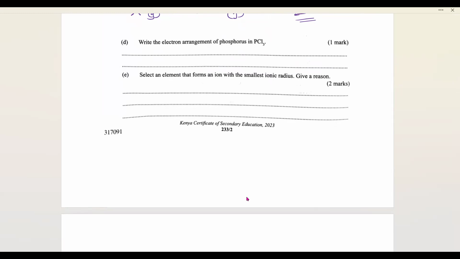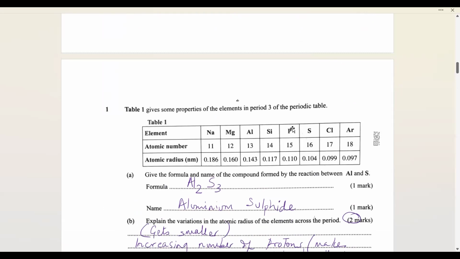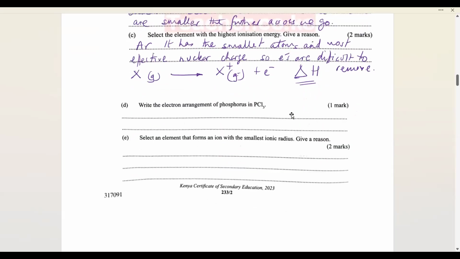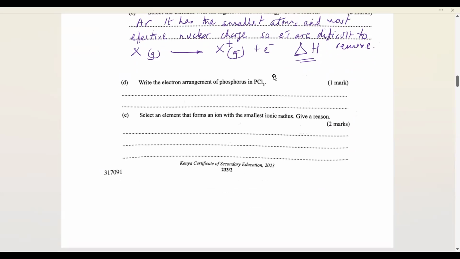Phosphorus, I'll just go back up for a minute. Here's phosphorus. Its atomic number is 15. So have a go at those two questions there, please.